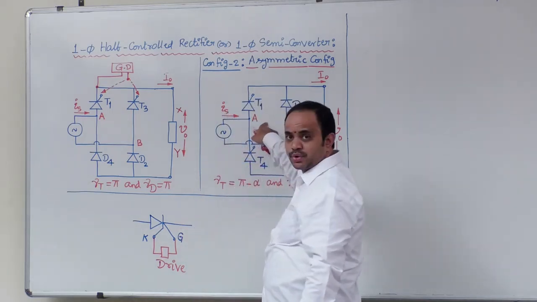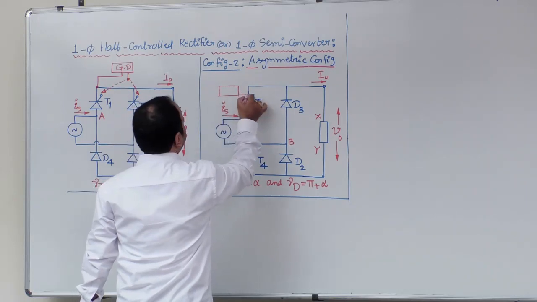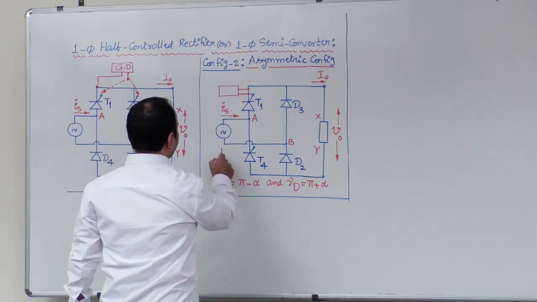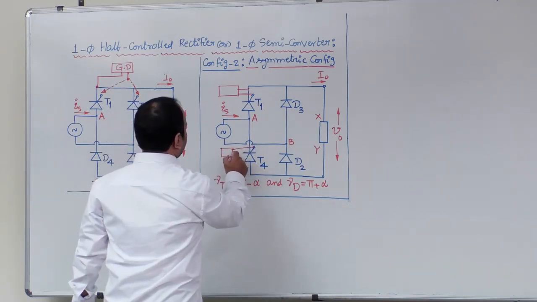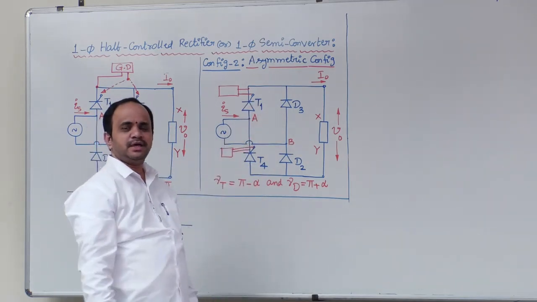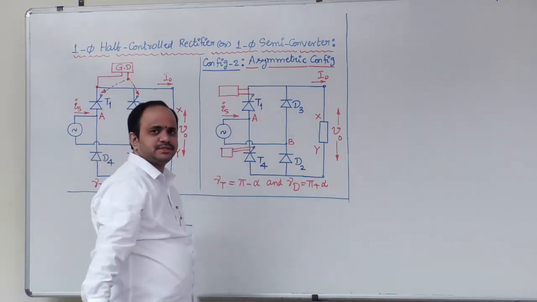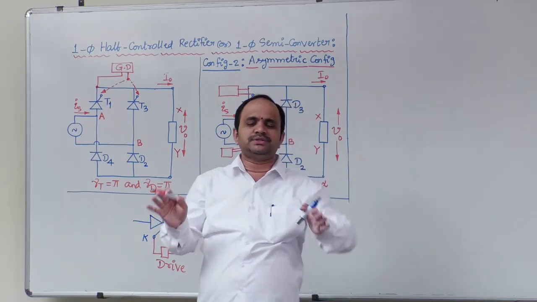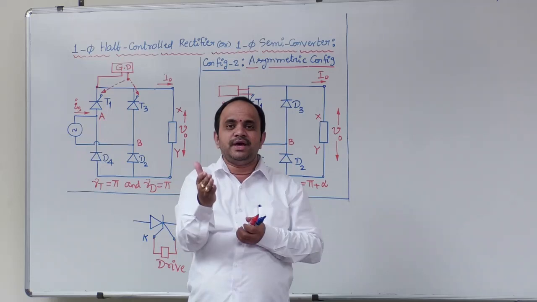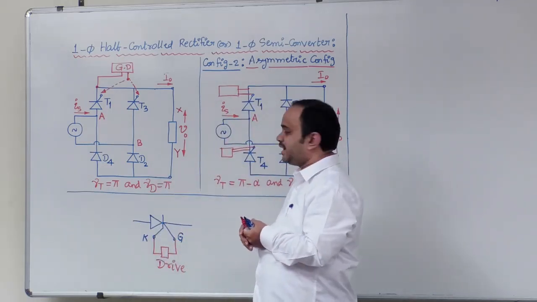Whereas in this circuit, you have to use two gate drive circuits. What is the reason for that? Because the cathodes of the two devices are different. Therefore, the point is symmetric and asymmetric configurations: even though both circuits have the same performance measures, the hardware requirement is high and control is somewhat complicated.